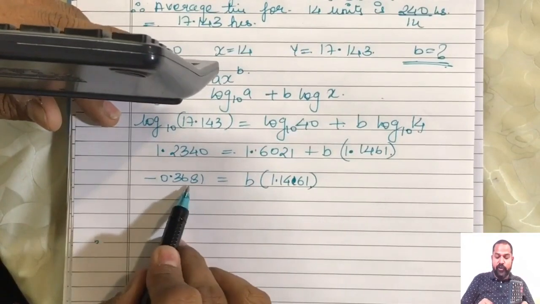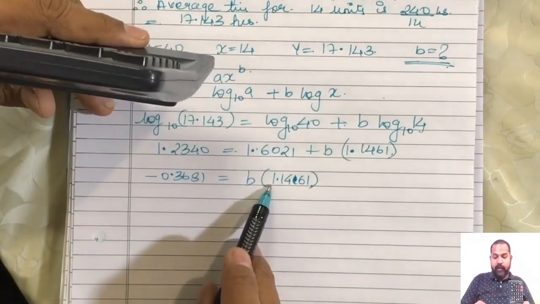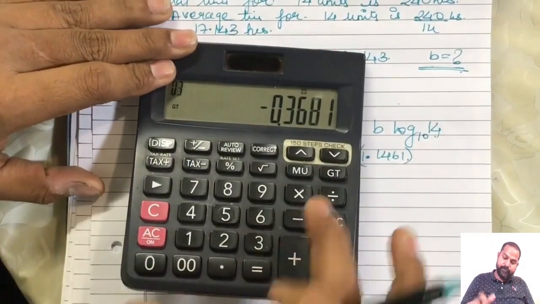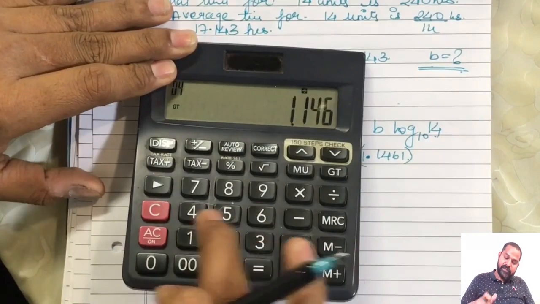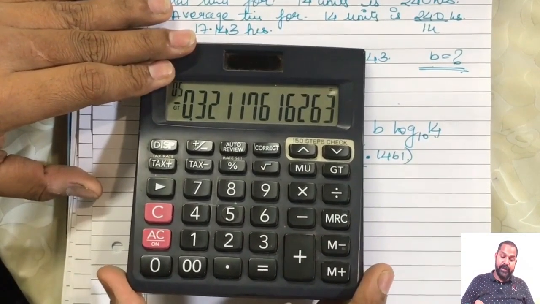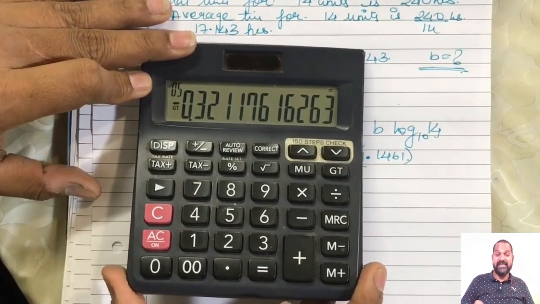So a negative 0.3681, which is already there in my calculator, divided by 1.1461, and it is a negative 0.321176.